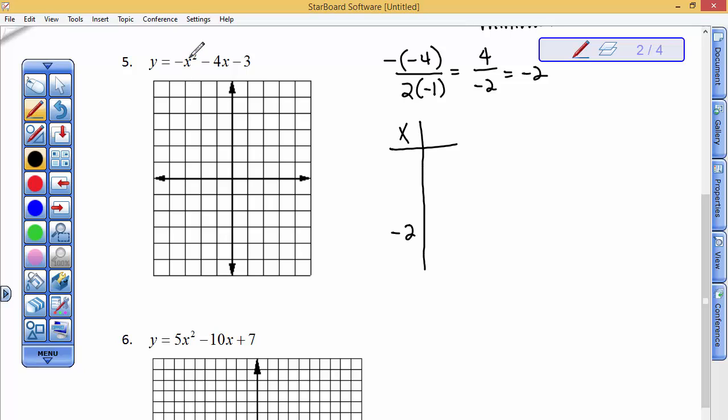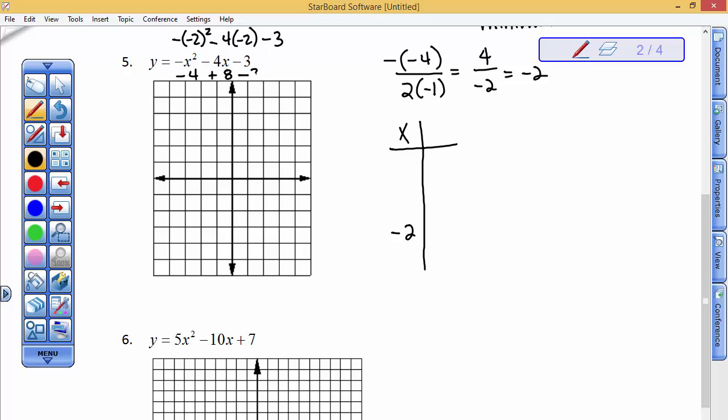You have the opposite right there of a negative 2 squared minus 4 times a negative 2 minus 3. The opposite of this, which is 4, would be a negative 4. This would be a positive 8. And negative 4 plus 8 is 4. And you take away 3, and you get 1.